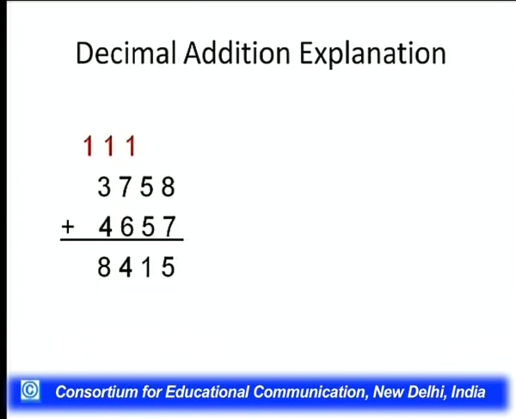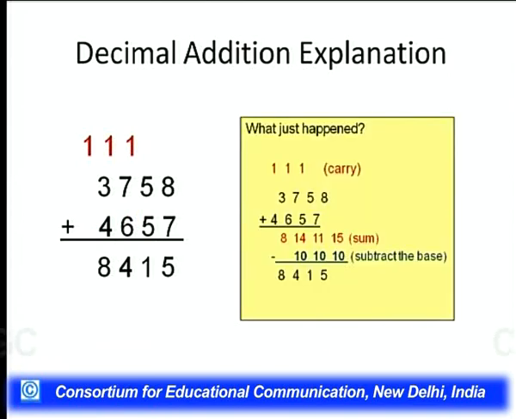Now, if we try to look at it in a different way, we see in this case that when we add 2 numbers which have a carry, from the sum we are subtracting the base, which is 10.